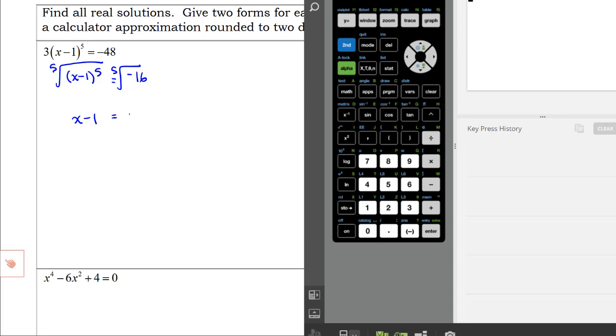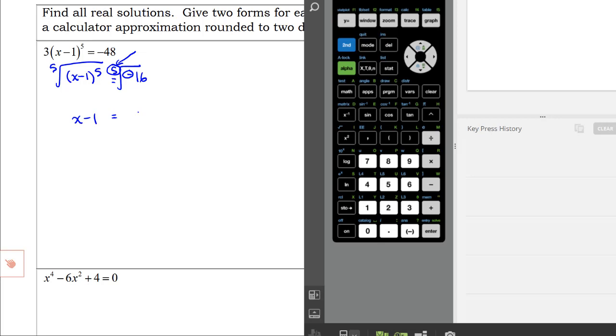And my question to you is, do we get plus or minus? No. It's an odd root. How do I make a negative an odd number of times? A negative times a negative times a negative times a negative times a negative, and only that, right? If I do a positive, it's not going to work.